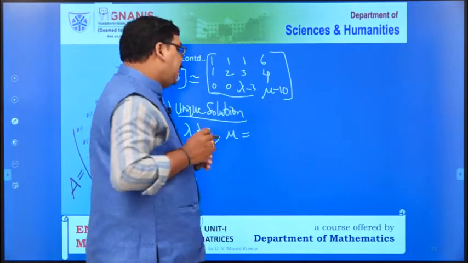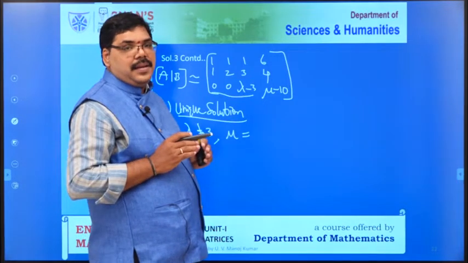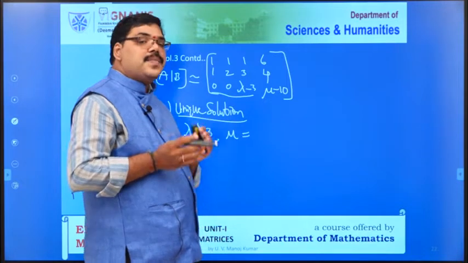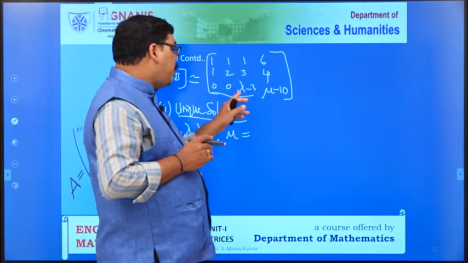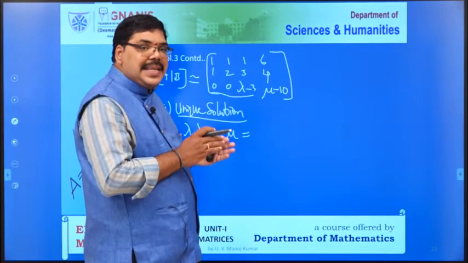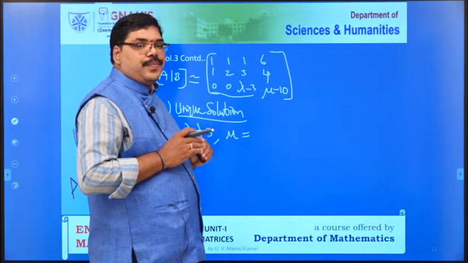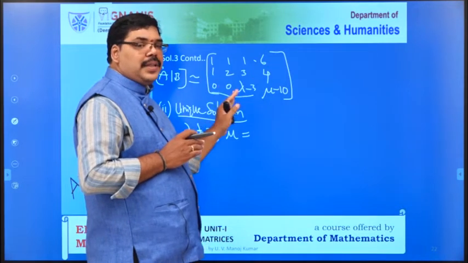If you consider 3 columns, that is matrix A. If you consider all the 4 columns, that is matrix AB. If the third position is 0, in matrix A, the last row becomes 0. For A, we have only 3 columns.